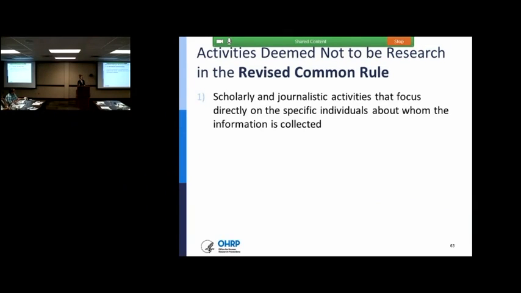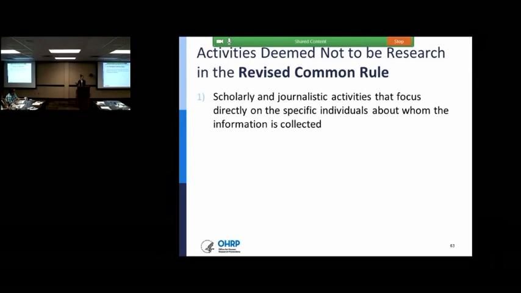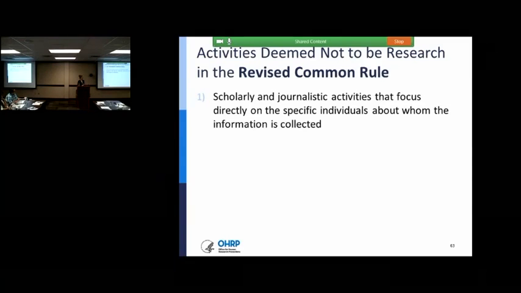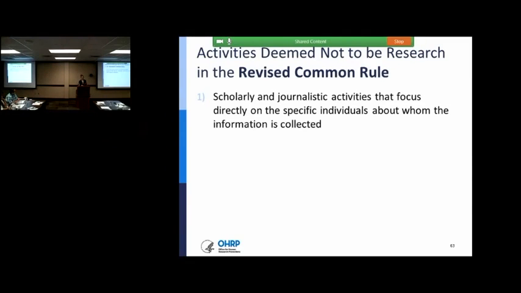This isn't trying to describe fields or disciplines that get set aside and are outside the regulations, but whether or not whatever kind of study you're proposing focuses on specific individuals and the information that you intend to gather and use pertains only to that individual.